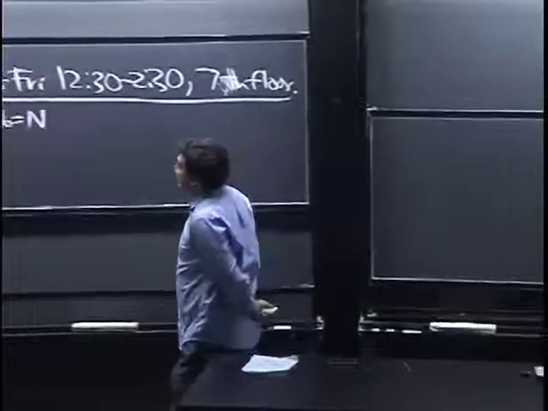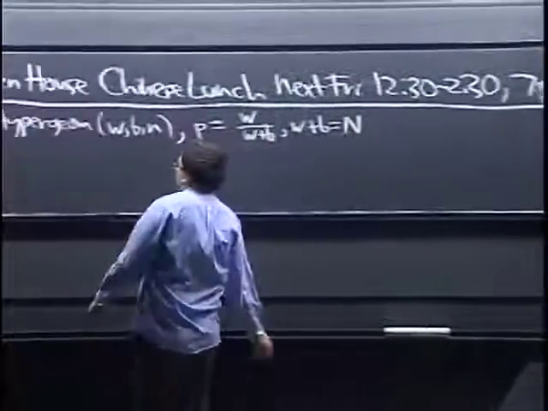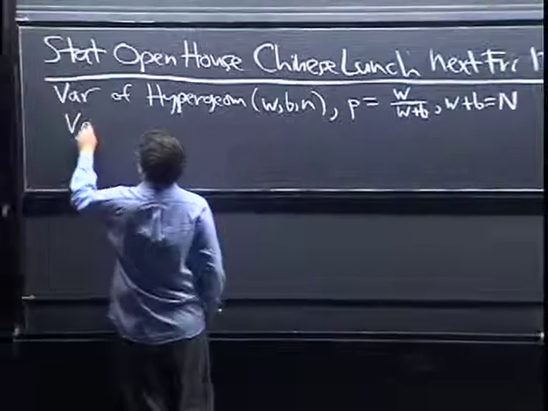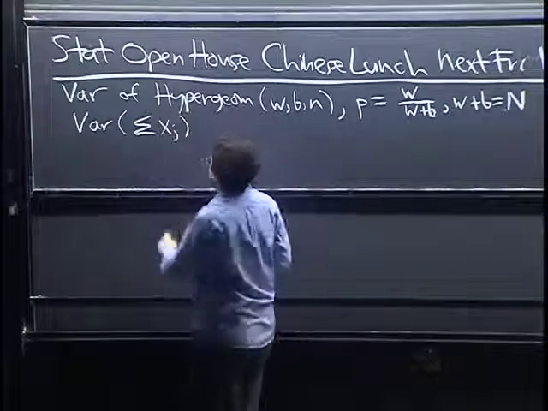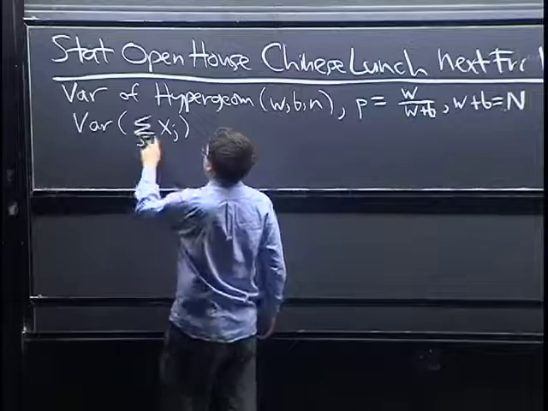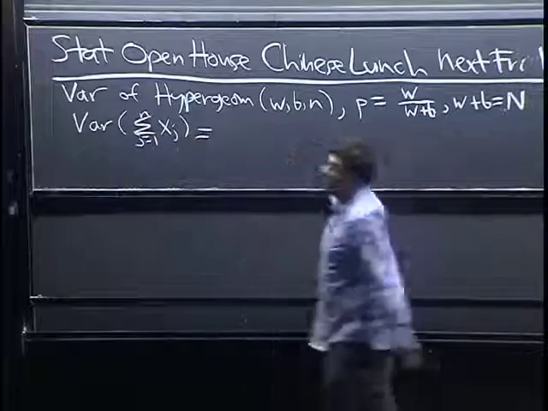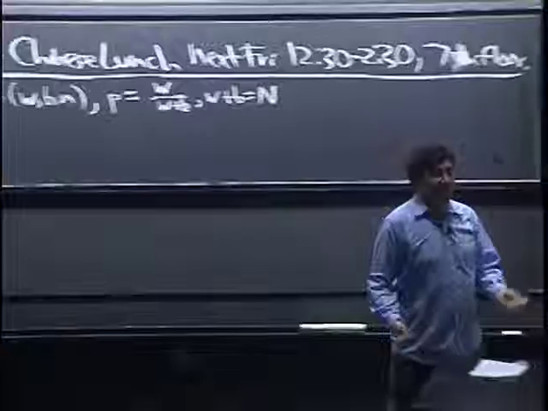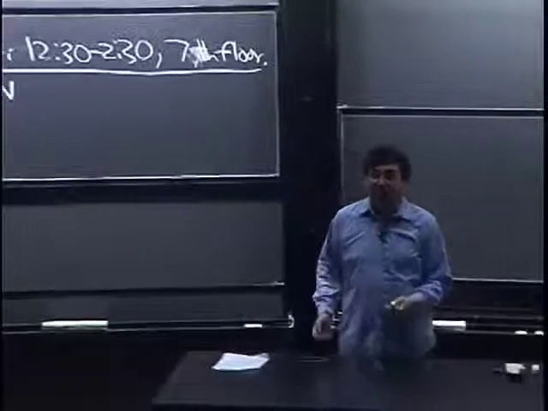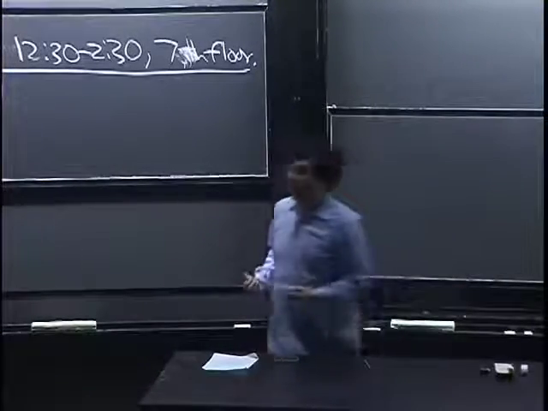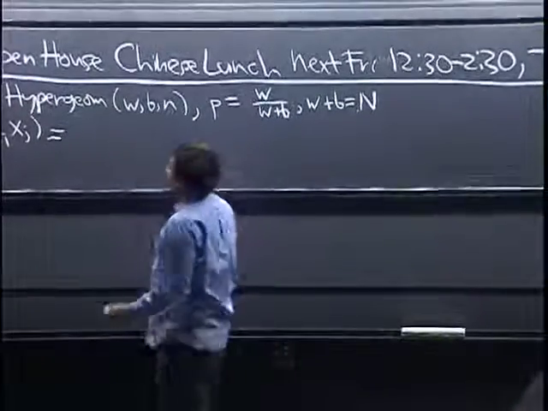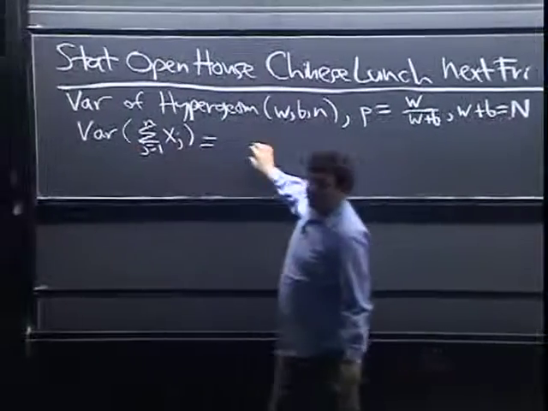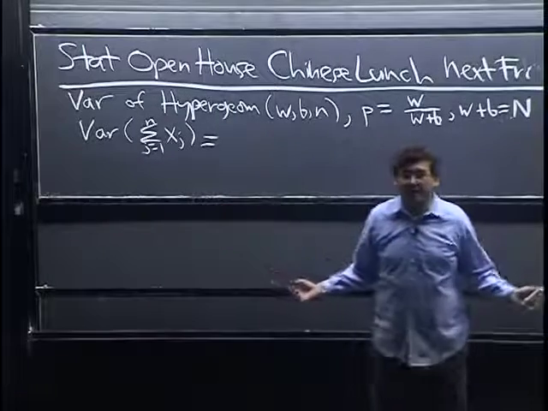Okay, and then what we did last time was to write the variance of X. We decomposed X as a sum of indicator random variables, where Xj is just the indicator of the jth ball that you draw being white. And then using the stuff we did last time for variance, the variance of the sum is the sum of the variances, plus we have all these covariances.